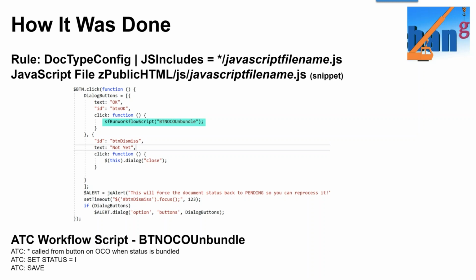So this one is great in that category of things that can all be deployed from the web user interface. The little bit of JavaScript decides when and who should see a button, and then a really tiny workflow script just basically sets the status to I, because workflow script can do things that users can't typically do.